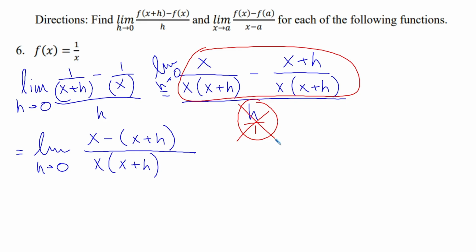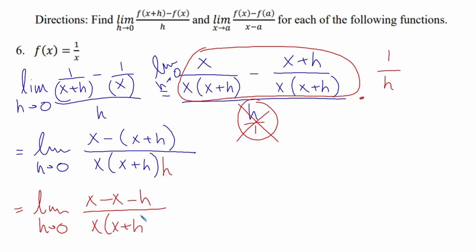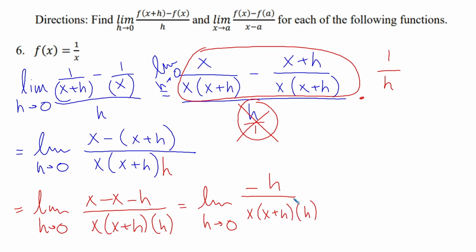So I'm going to say, let's just multiply by 1 over h, which means that that h in the denominator just gets thrown in with my other new denominator. Then we can say this is the limit as h approaches 0 of x minus (x plus h) over x times x plus h times h. The x minus x will cancel, and we just have negative h over x times x plus h times h.